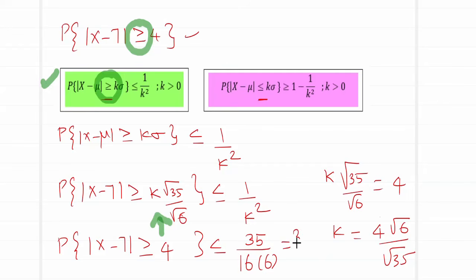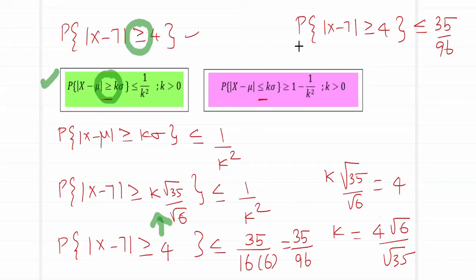So the answer for your Chebyshev now makes it 35 by 16 into 6, which is 96. Hence, probability of |x minus 7| greater than or equal to 4 is less than or equal to 35 by 96 using Chebyshev's inequality.